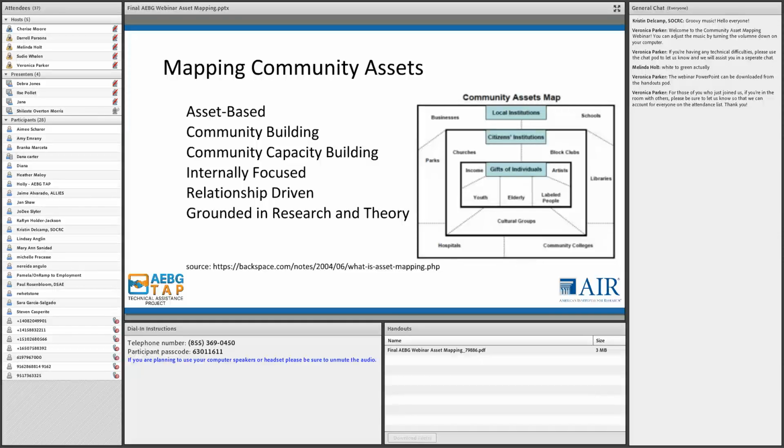So when we talk about asset mapping, we really think about empowering the community by connecting and mobilizing existing strengths of the community, by building connections inside out, which debunks the myth that only outside resources are needed and that they are better than what already exists in the community or that the community has to offer.